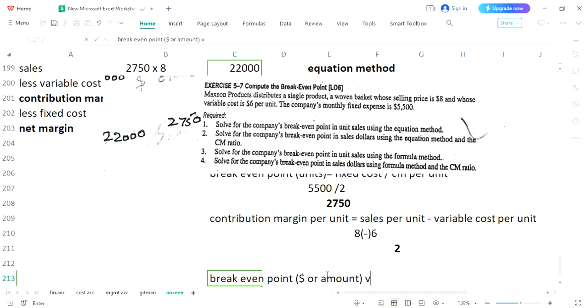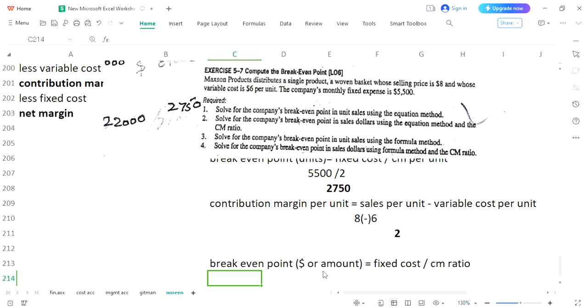How do you calculate this? You need to have fixed cost, and that would be divided by CM ratio, and you must have the formula of CM ratio in your mind. Fixed cost is 5500, and you need to divide it by CM ratio.